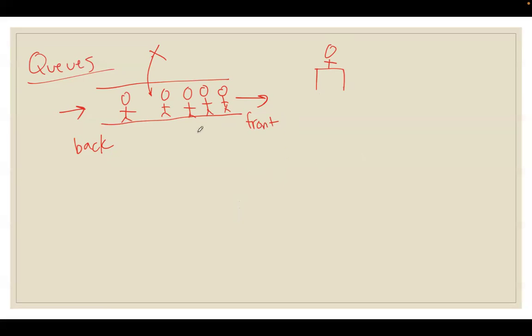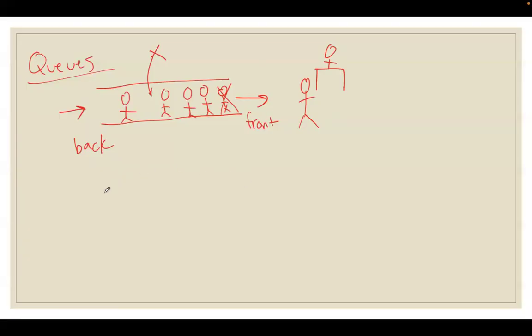So we're not serving the person in the front of the line. They get removed from the line and then served. First we need to remove them, and then they're ready to buy all their groceries. So that's a bit of a key point.